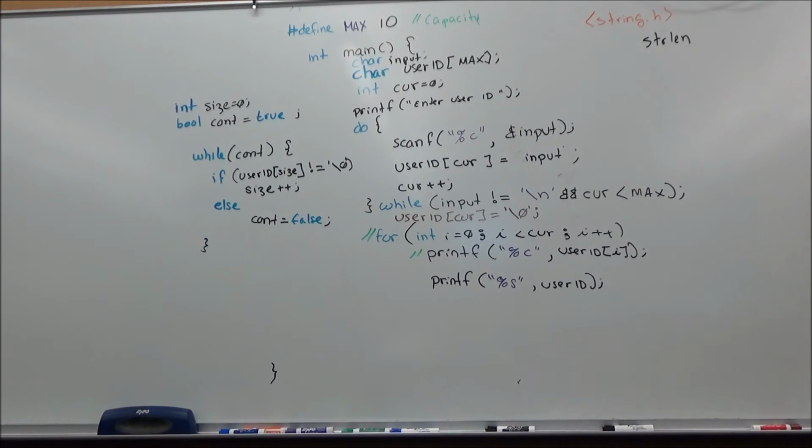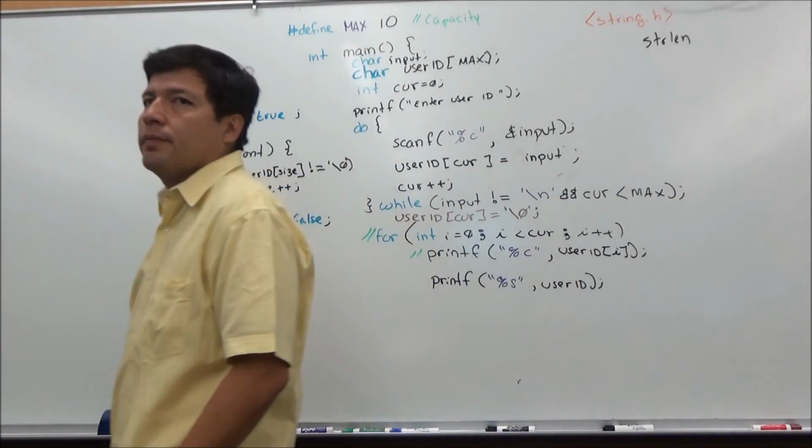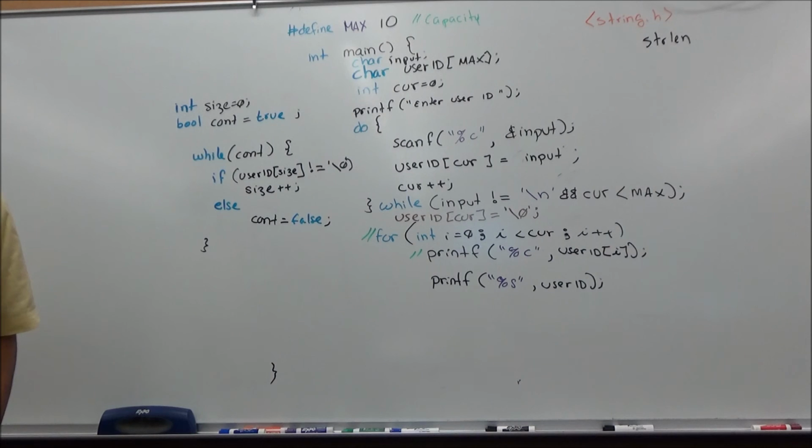Questions here? Header string.h just finds the null character. It has a function called string length that basically does this. Gets the size of the array, of the string array.